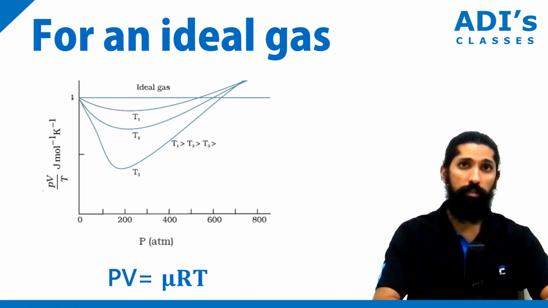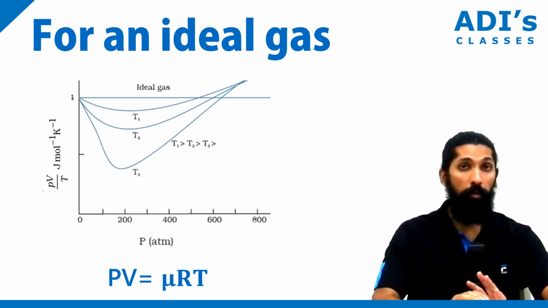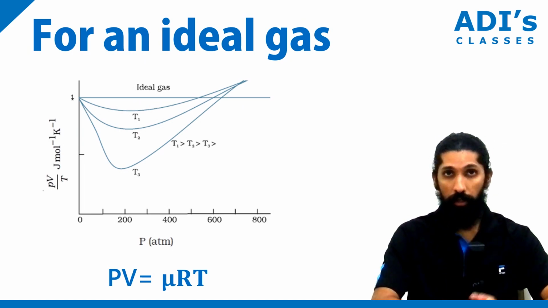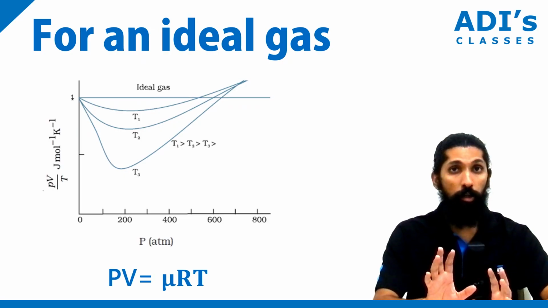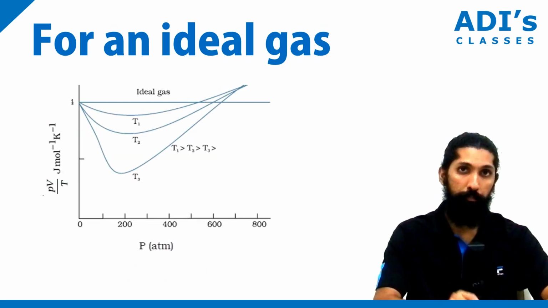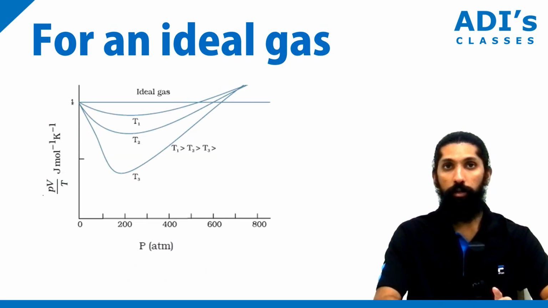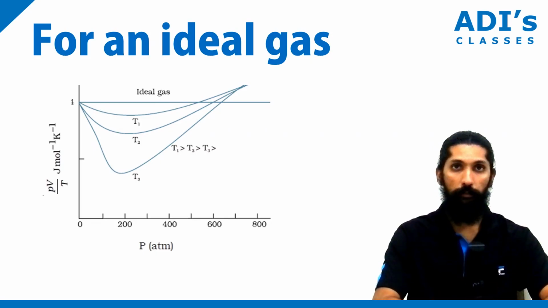Now what you need to understand here is that, remember, in the beginning of the last video, we took that at low pressure and high temperature, the gas is going to behave like an ideal gas. Correct?